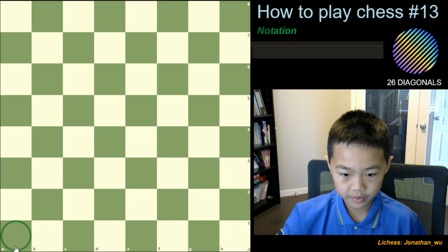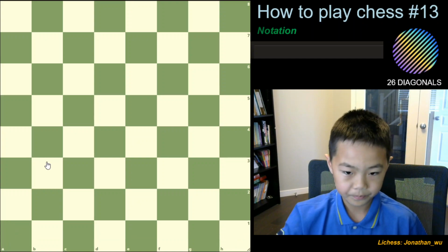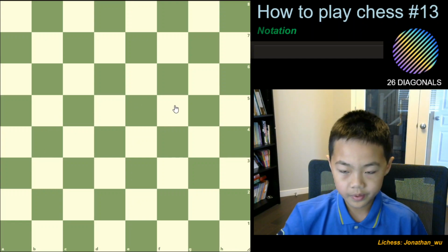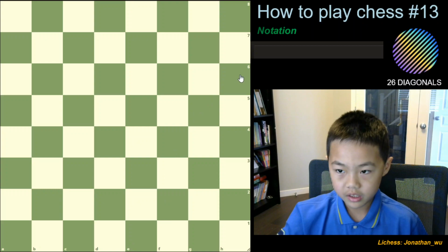So the first rank, the square has to be in the first rank, and since it's the A file, that means A1 is here. If you're going to find maybe E6, you do it like this. You see the letter E, and then you find the number 6.